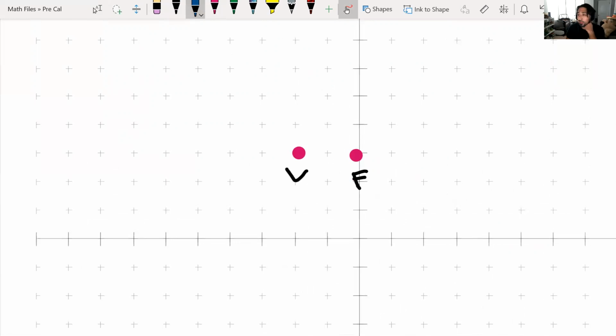Well, guess what, guys? We just found the value of A. Remember that A represents the distance from vertex to focus. So how many units away is the focus from the vertex? And that answer is 2 units. A is 2. Which means we can go ahead and find the directrix.